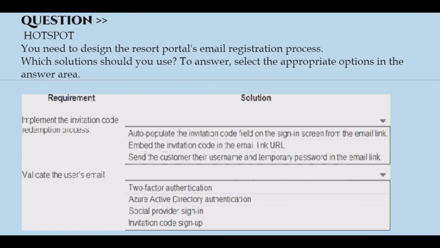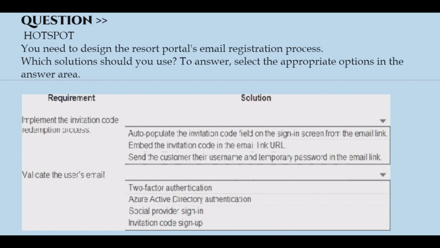Next one. You need to design the resort portal's email registration process. Which solution should you use? To answer, select the appropriate options in the answer area. The requirement is implement the invitation code redemption process. The options are auto-populate the invitation code field in the sign-in screen for the email link, embed the invitation code in the email link URL, send the customer their username and temporary password in the email link.